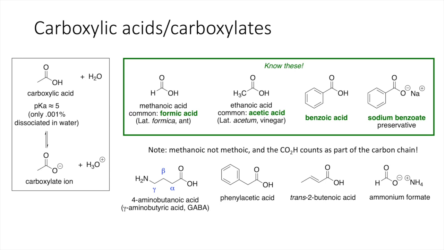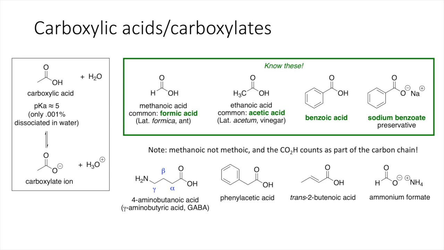At the end of this video, we'll talk a little bit about priority and why it's an amino acid and not an acid amine. In old school nomenclature, you would count carbons away from the CO2H, so alpha, beta, gamma, and that's where you get GABA, gamma-aminobutyric acid, really important in neuroscience.